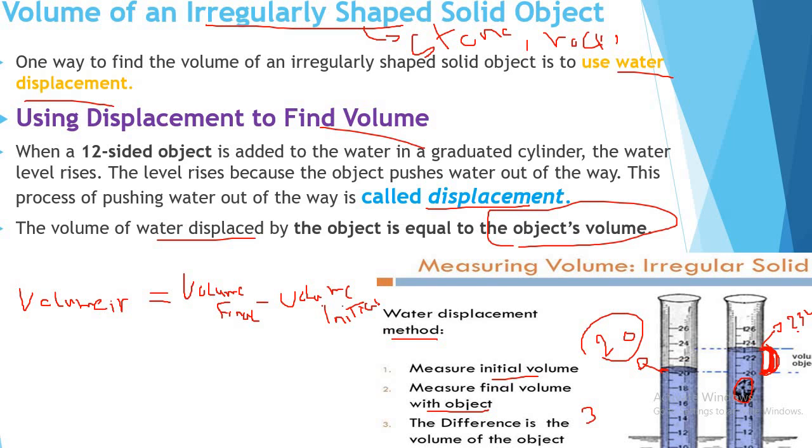If you put this irregular shape in the container of water, what happens? The water rises up. This process of pushing water out of the way is called displacement.